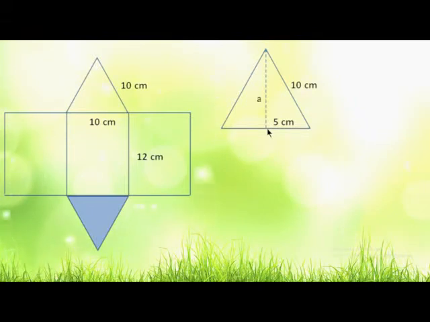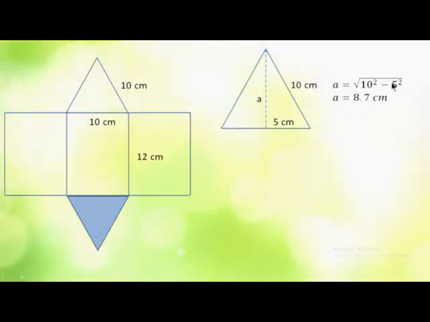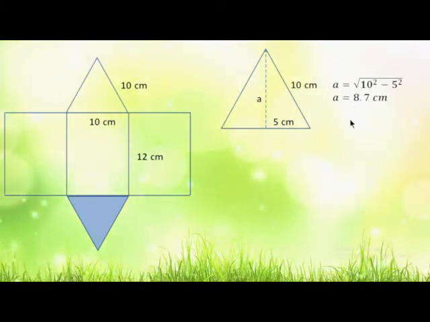Let's say the height is A. This is 5 because this is half of this side. In order to find A, we use the Pythagorean theorem, which means A equals the square root of 10 square minus 5 square, equal to 8.7 centimeters. You can check this number with your calculator.